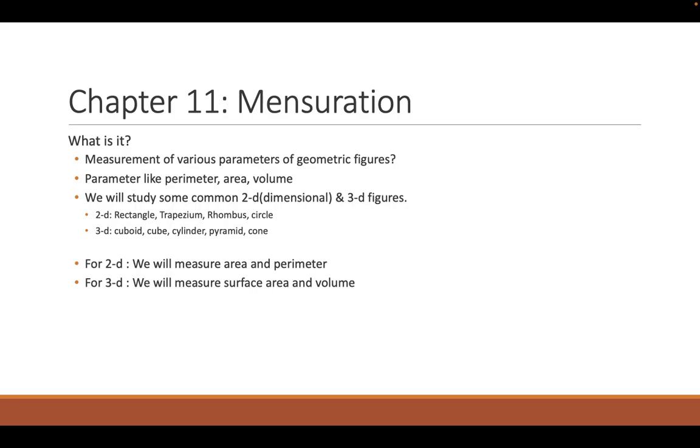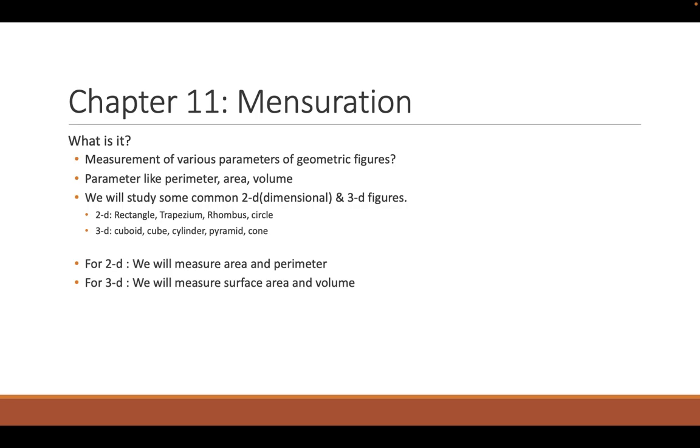2D means two-dimensional, where D stands for dimensional. Examples of 2D shapes are rectangle, trapezium, rhombus, and circle. We have touched on these earlier, but we will revisit them with respect to measurements. 3D examples: cuboid, cube, cylinder, pyramid, and cone.